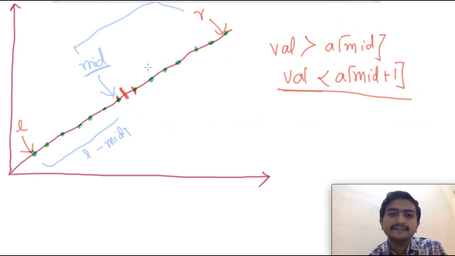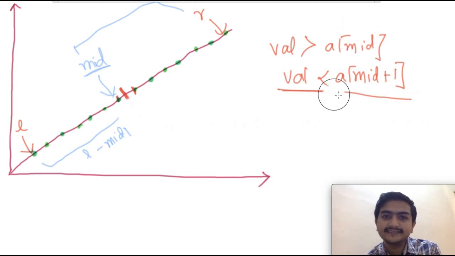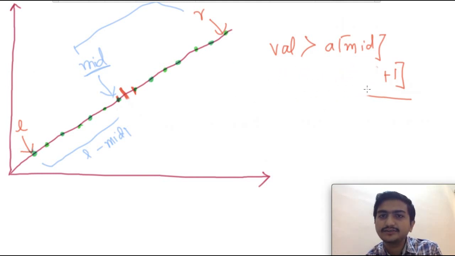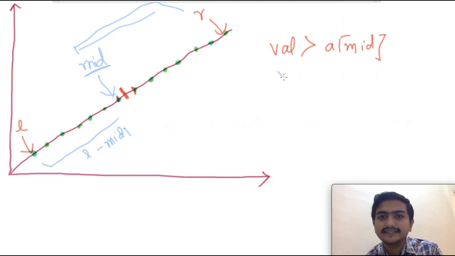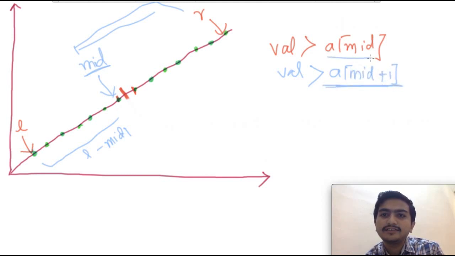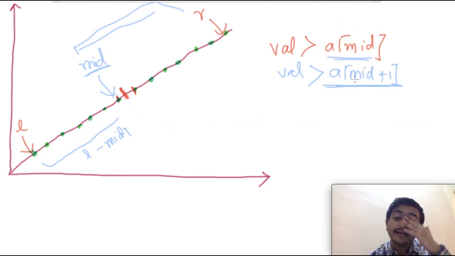Let me just erase this as well, because this condition does not hold now. We just know that the value is greater than a of mid, and it lies somewhere in this range still. And let me just say val is also greater than a of mid plus 1, then obviously a of mid plus 1 is closer than a of mid. So I don't need to check again.